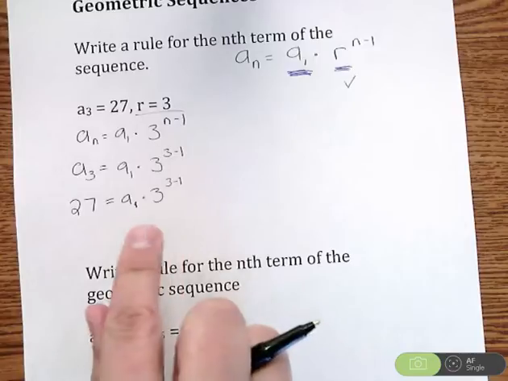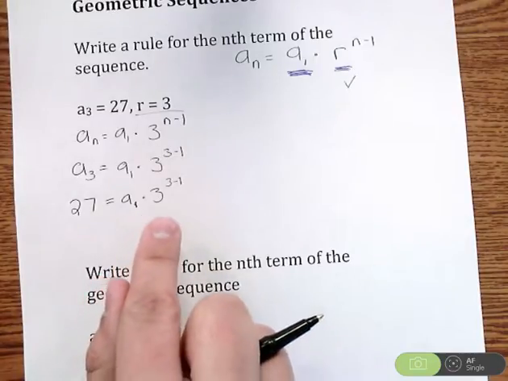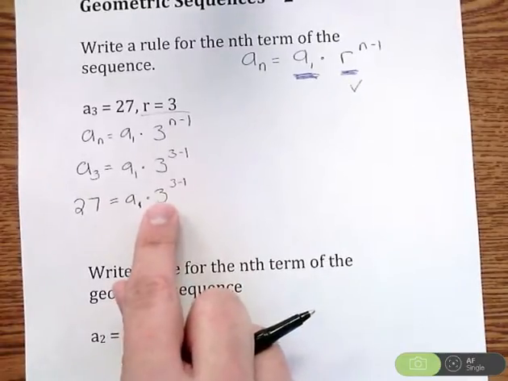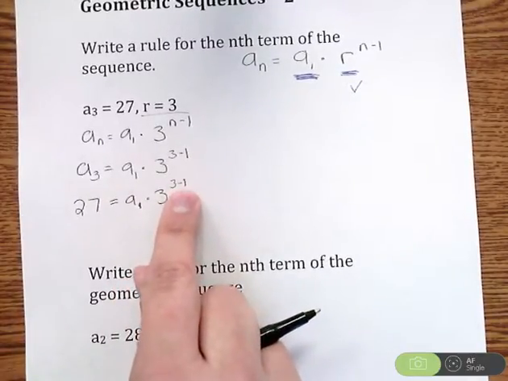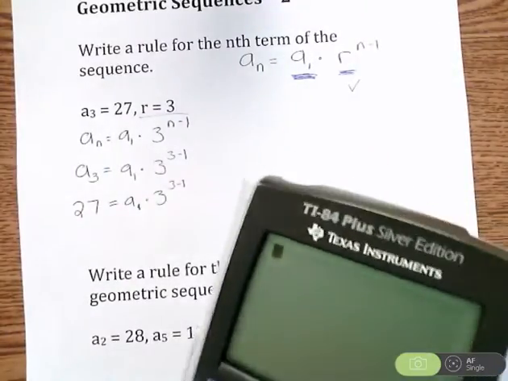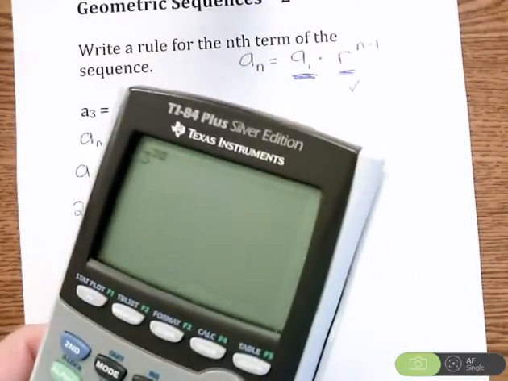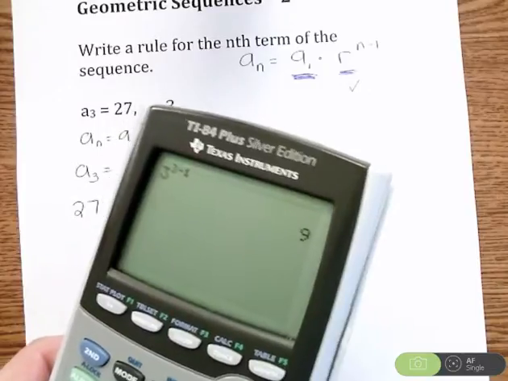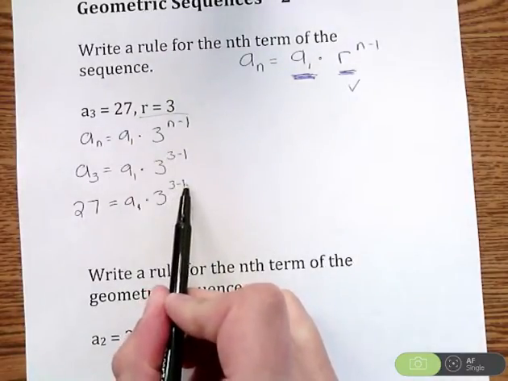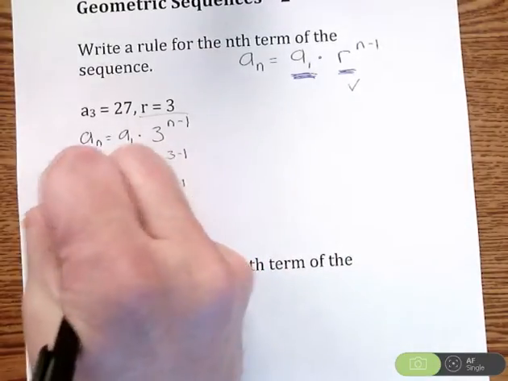Now let's clean this up and see if we can solve for a_1. If I'm trying to solve for a_1, I've got to clean up this right side. We'll have 3 raised to 3 minus 1. If you want to get this done quick, use a calculator. Type in 3 raised to 3 minus 1, and boom, you get 9. Or you could just think in your head, well, 3 minus 1 is 2, so 3 squared is 9.